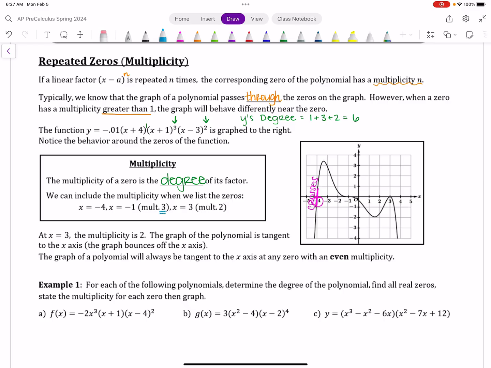And when we have a multiplicity of 3, our graph creates a little curve, kind of like a cubic function, or kind of like an S. And then at x equals 3, we have a multiplicity of 2. And we can see on our graph on the right, it just bounces off the x-axis at 3.